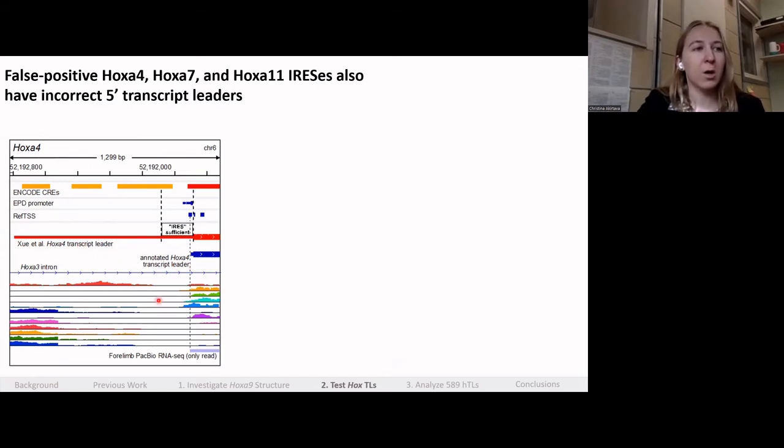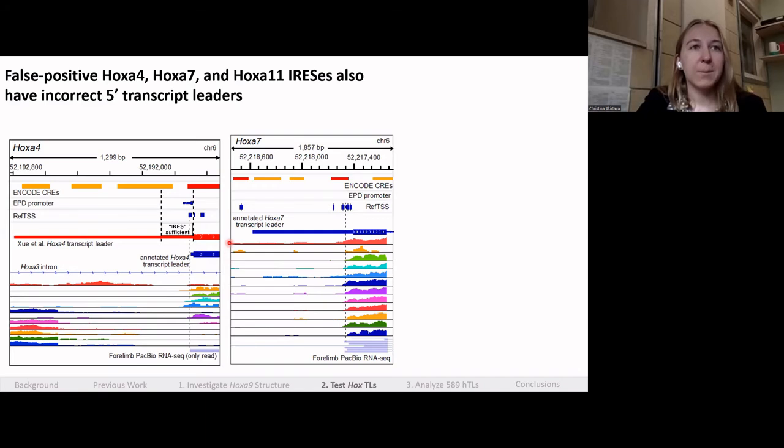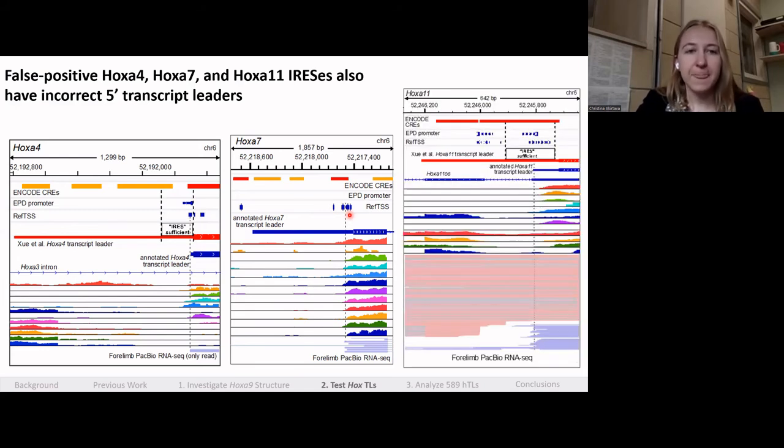Meanwhile, the RNA-seq data, promoter elements, and transcription start site data all map to this much shorter annotated HOXA4 transcript leader. Here's an example of the HOXA7 transcript leader, which is misannotated, but has RNA-seq data and RefTSS data that support a much shorter version of the transcript leader.